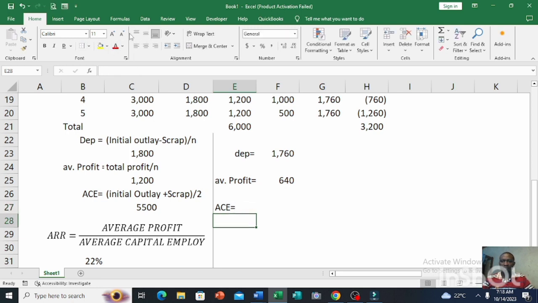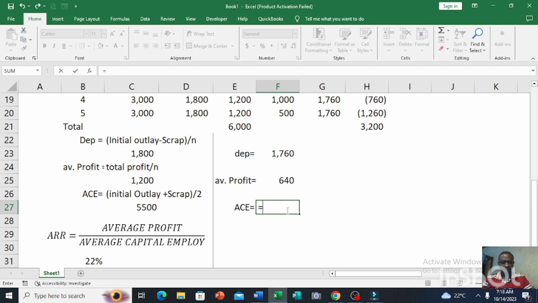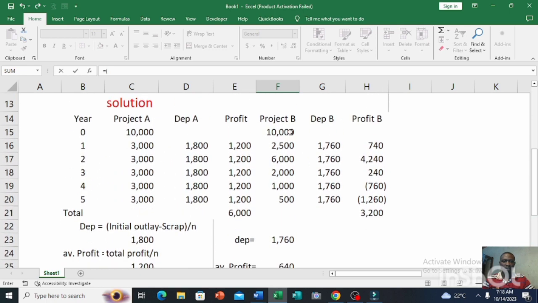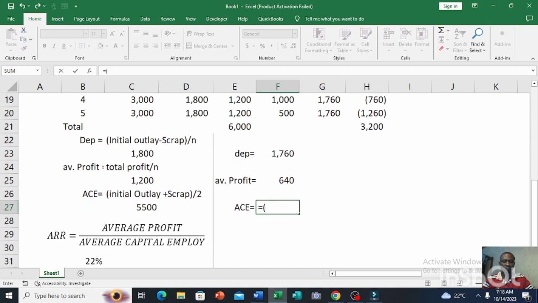Average capital employed, we are going to use the same formula. Initial outlay. What's the initial outlay? It's 10k. 10k plus the scrap.